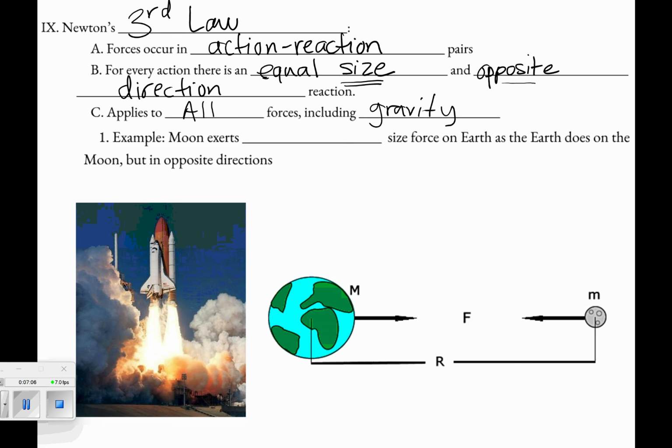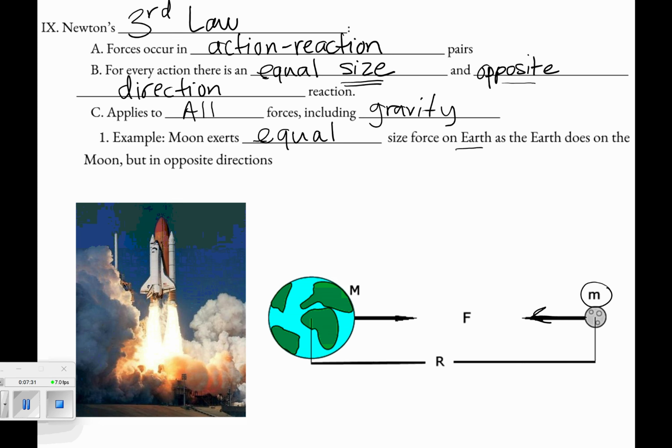So let's do the gravity example because we're trying to think about orbits and we're trying to think about things like the moon and the earth and the sun. Right, so let's do that example. The moon exerts an equal size force on Earth. So here's the little moon exerting a force on Earth.